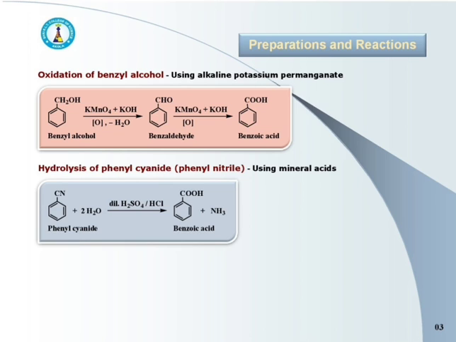Next preparation is by hydrolysis of phenyl cyanide, also called phenyl nitrile. Again, see the reaction. Phenyl cyanide on hydrolysis with mineral acids, that is, H2SO4 or HCl, sulfuric acid or hydrochloric acid, gives benzoic acid.